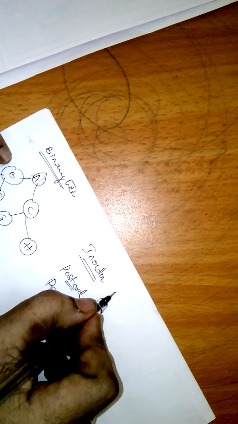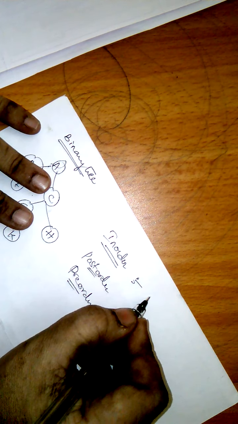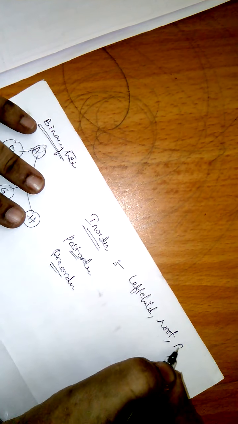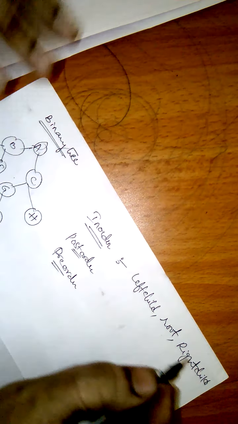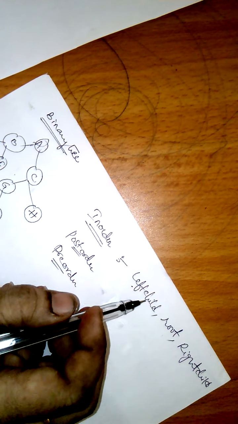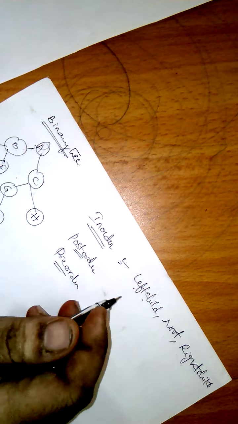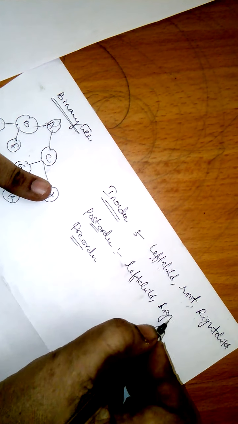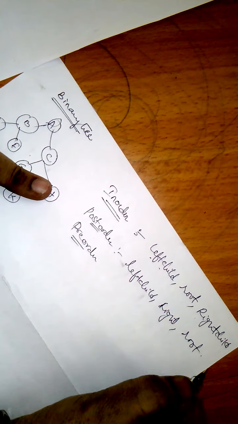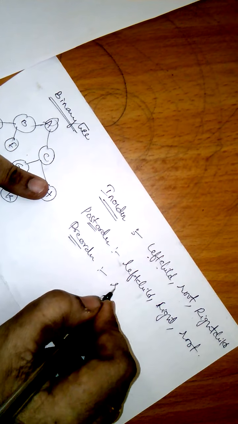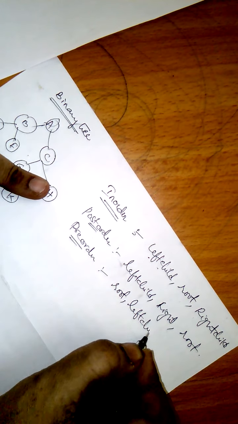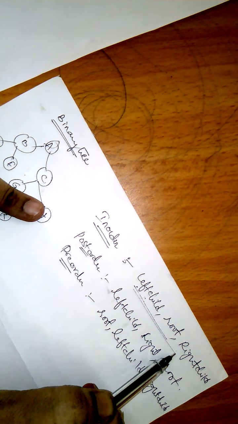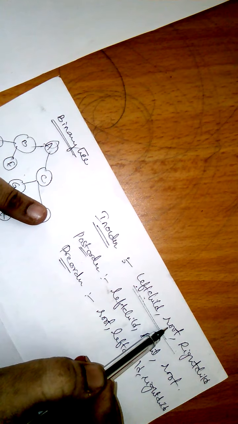In inorder traversal of a binary tree, first visit the left child, then visit the root, then visit the right child.